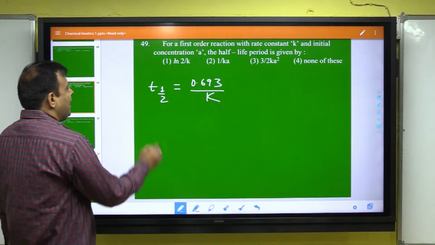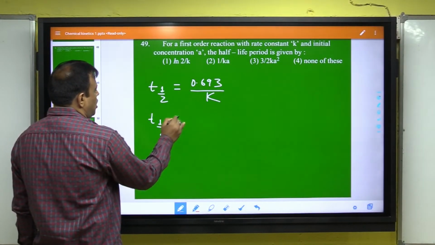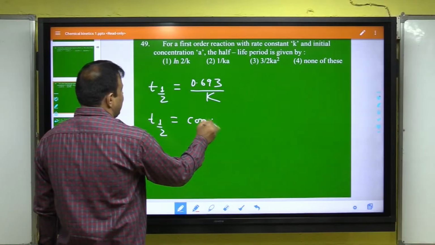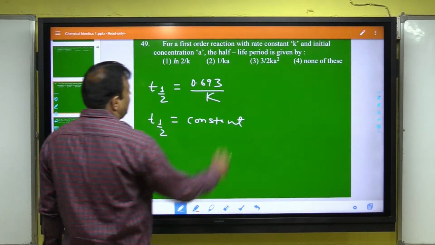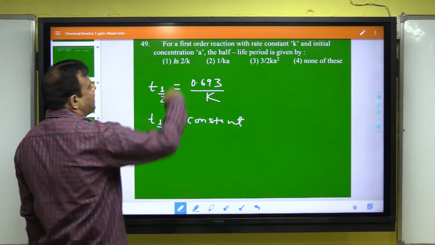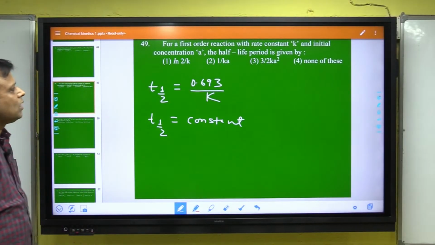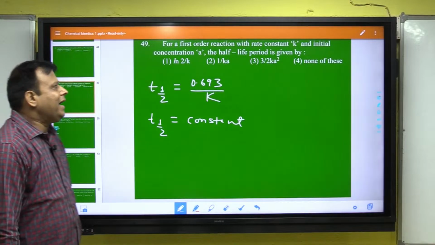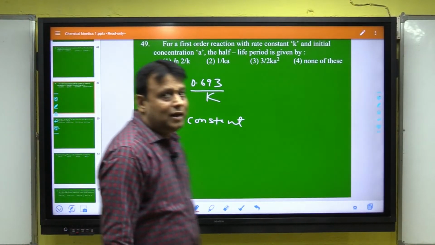Clear? And t half is equal to constant. Clear? ln 2 by k. Options: 1 by k, 3 by 2k square, and none of these. Listen carefully.